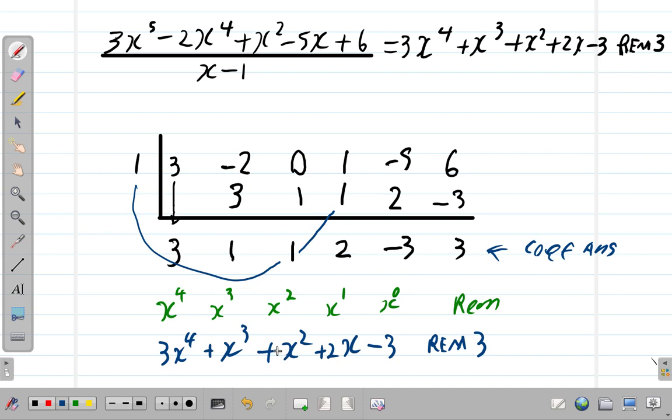Add 1 and 1, you get 2. 1 times 2 is 2. You put the 2 here. Negative 5 plus 2 is negative 3. So 1 times negative 3 is negative 3. You put it here. 6 plus negative 3 is 3.